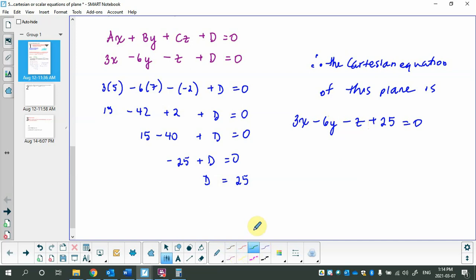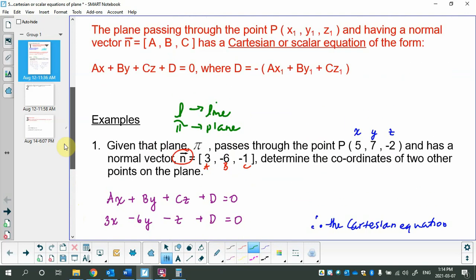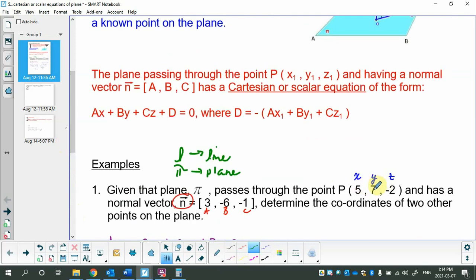So I like to minimize my work. And I also like to pick numbers that don't create problems for me. So I'm going to let x equal 0 and y equal 0. There is nothing wrong with that because I have already guaranteed that it's not this point, because this point doesn't have 0, 0.